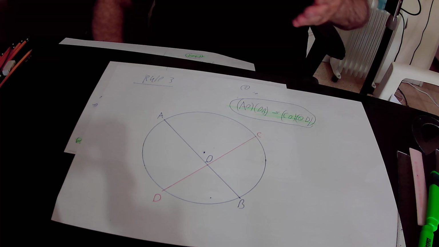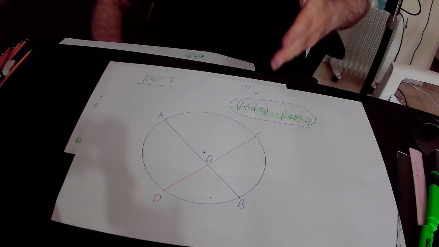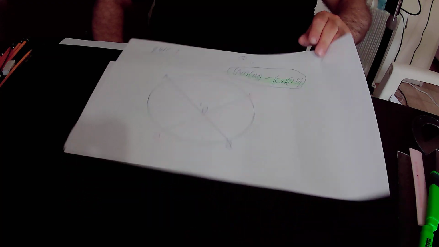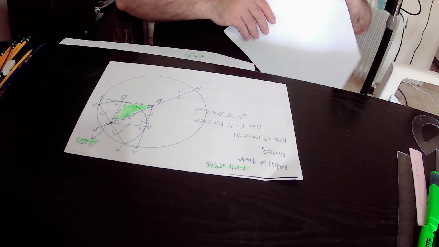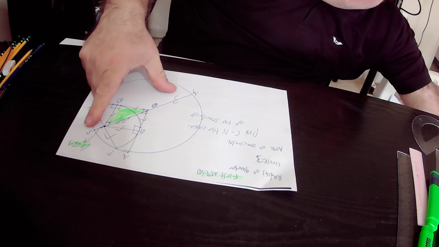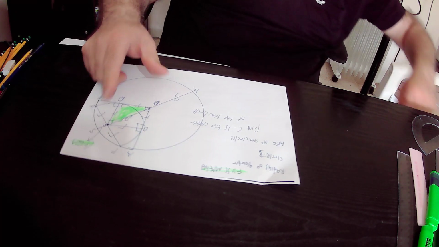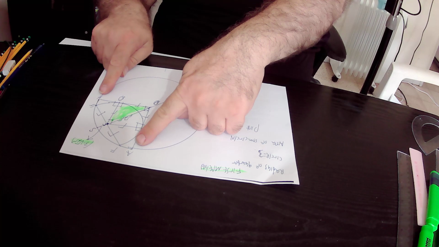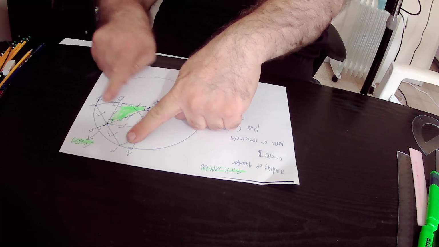We can implement rule number 3 in our drawing. Why? Because in our drawing we have chord MS, this chord that intersects with chord FG.